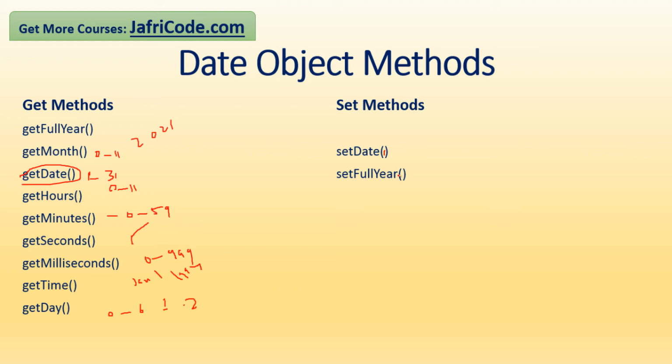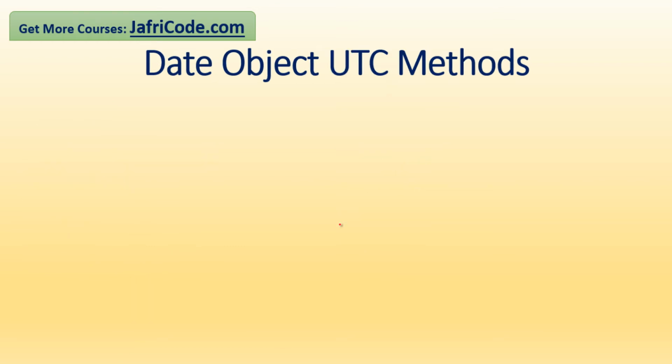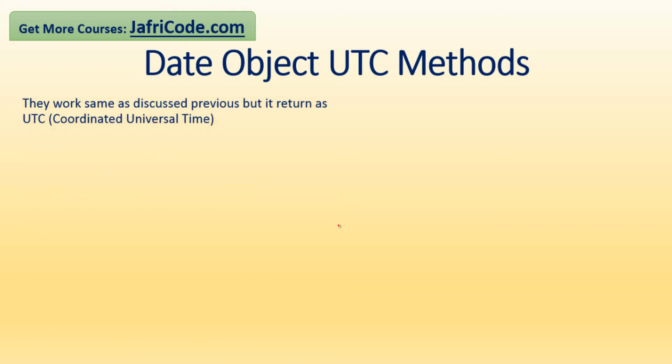Next, setFullYear: if you mention 2010 and then try to get the full year using getFullYear, you will get 2010, because you have set a value in setFullYear. Same like this, these are the different set methods you can use. Next are the date object UTC methods. These are the same as the previous methods, but they return values according to Coordinated Universal Time.